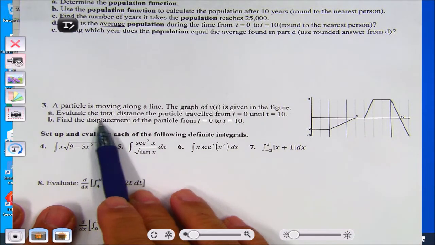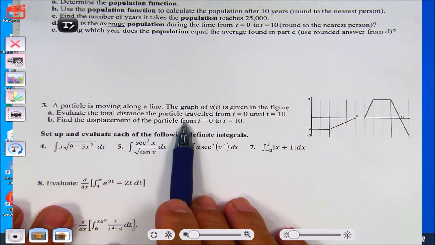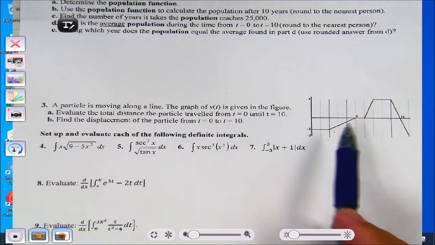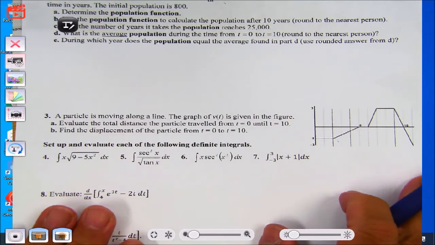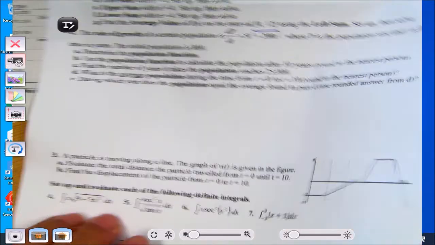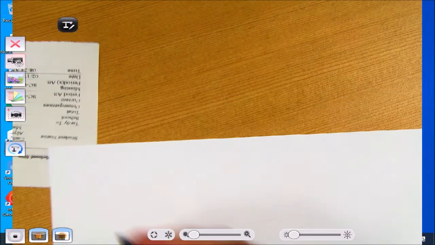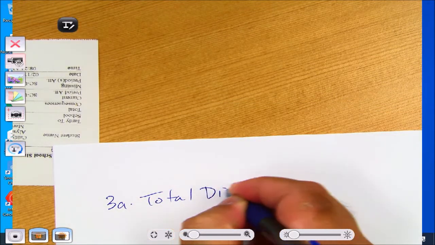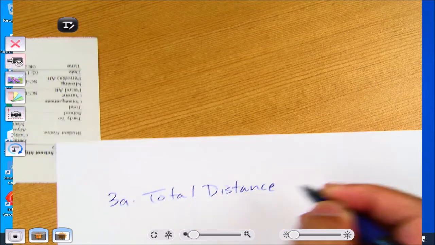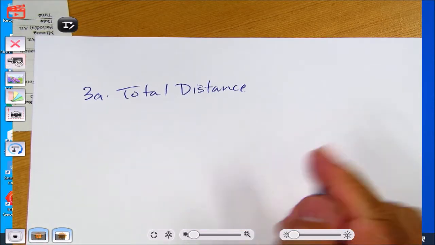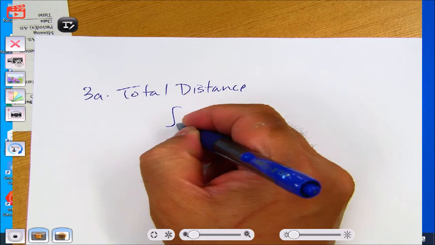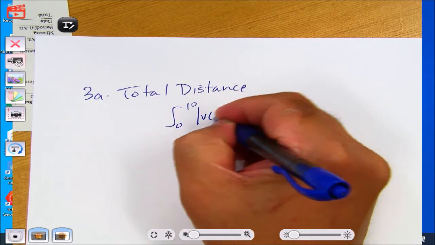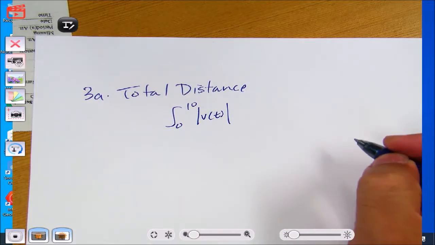Okay. Evaluate the total distance. So total distance, you're given velocity. Total distance traveled, so we're doing 3A. Let me write down the keywords here. Total distance of a moving particle is going to be the integral from 0 to 10 of the absolute value of the velocity.